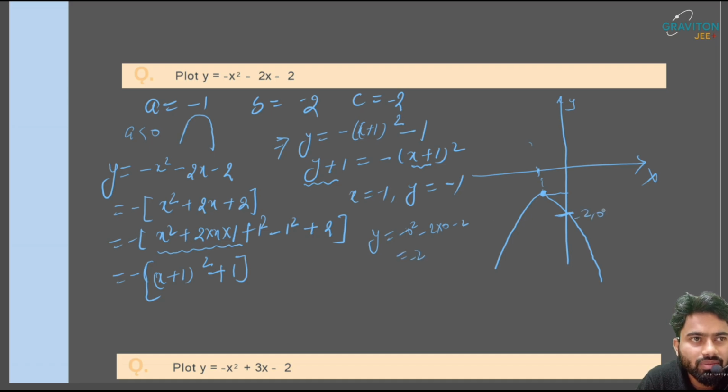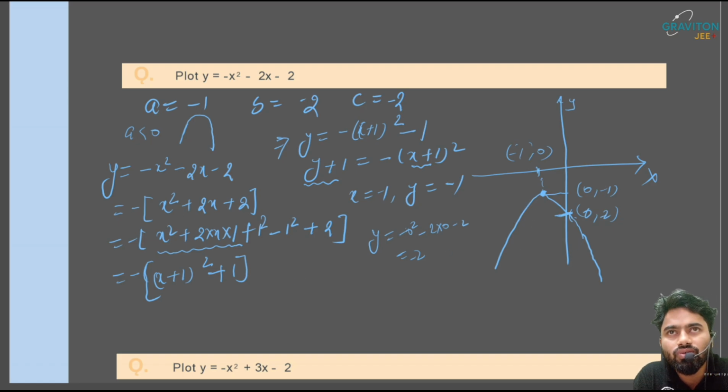So it is 0 comma -2, and this is 0 comma -1, and this is -1 comma 0. So from here you conclude that it does not cut or touch the x-axis. So it has no real root. Graphically you conclude that it has no real root.